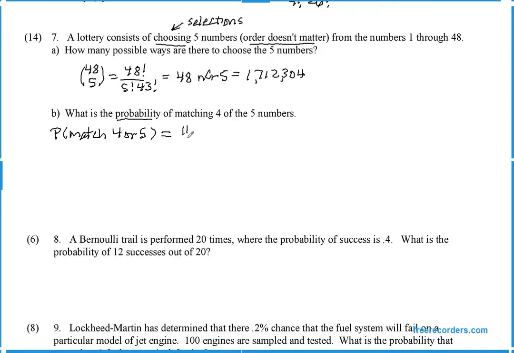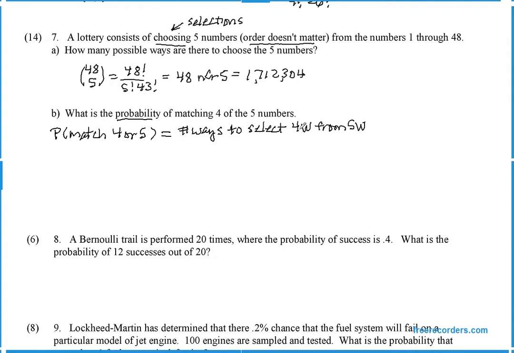So on the top here, we want to count the number of ways that we can pick 4 winners from 5 winners. So the number of ways to select, still order doesn't matter, 4 winning numbers from 5 winners.